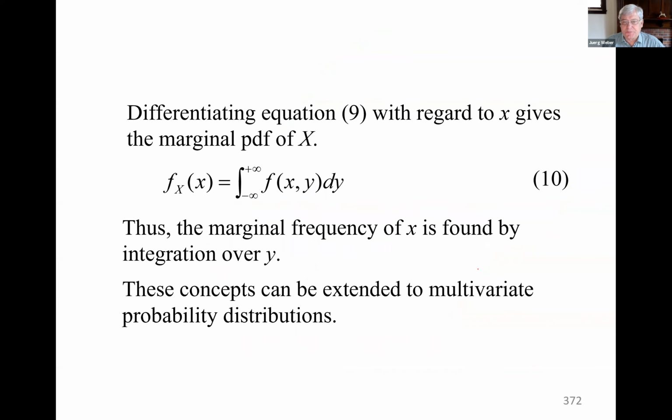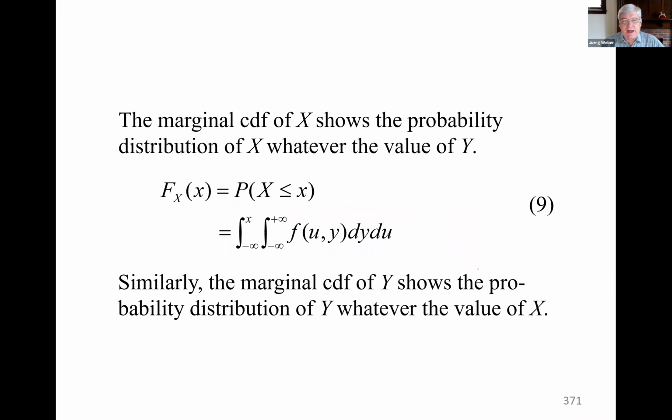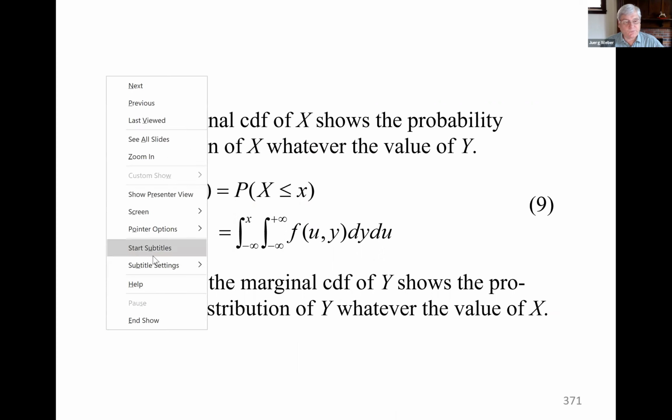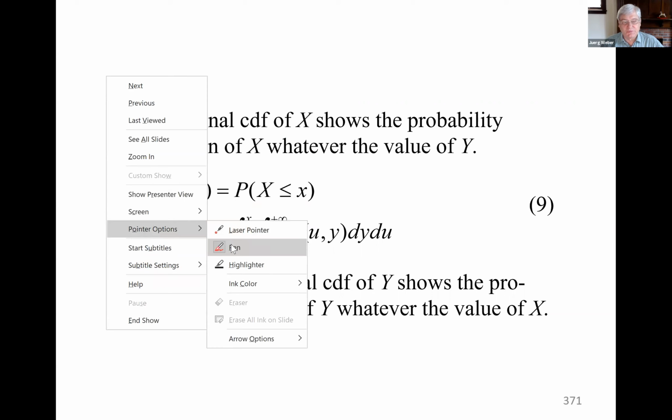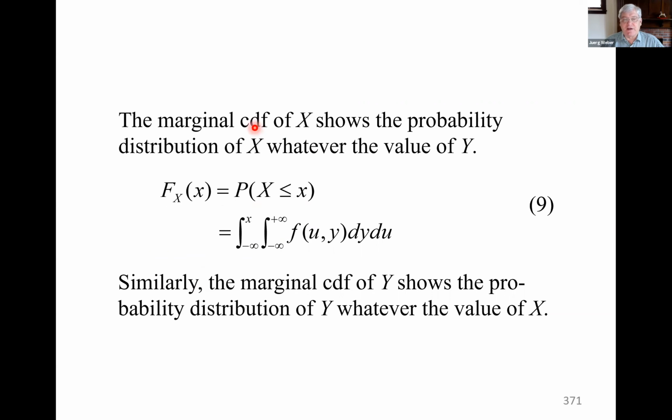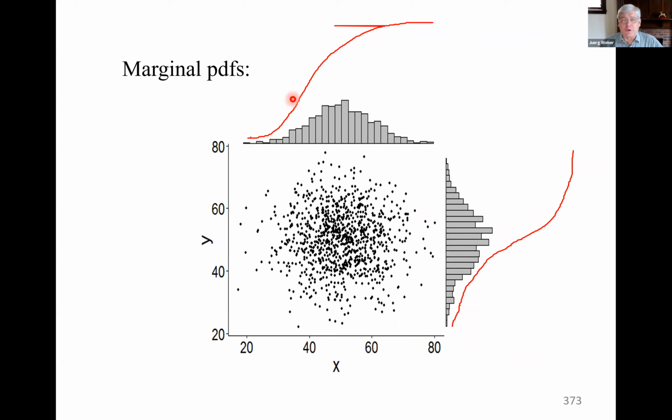So you see here, I started with the marginal CDF. So marginal CDF shows the probability distribution of x, whatever the value of y. Okay, so what is the probability x smaller than some critical value, whatever the value of y. That would be, actually here's this red line. What is the probability of here of x, whatever the value of the random variable y?